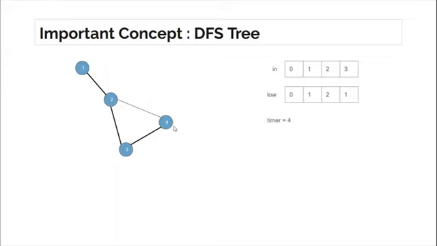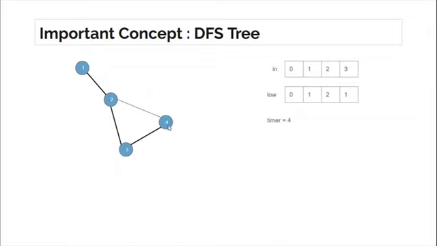And why is that so? See, the low time of node 4 is smaller than the in time of this, which indicates node 4 is connected to even the ancestor of node 3, which means even if you remove this edge, there is a path from the root to this node, and hence this cannot be a bridge.